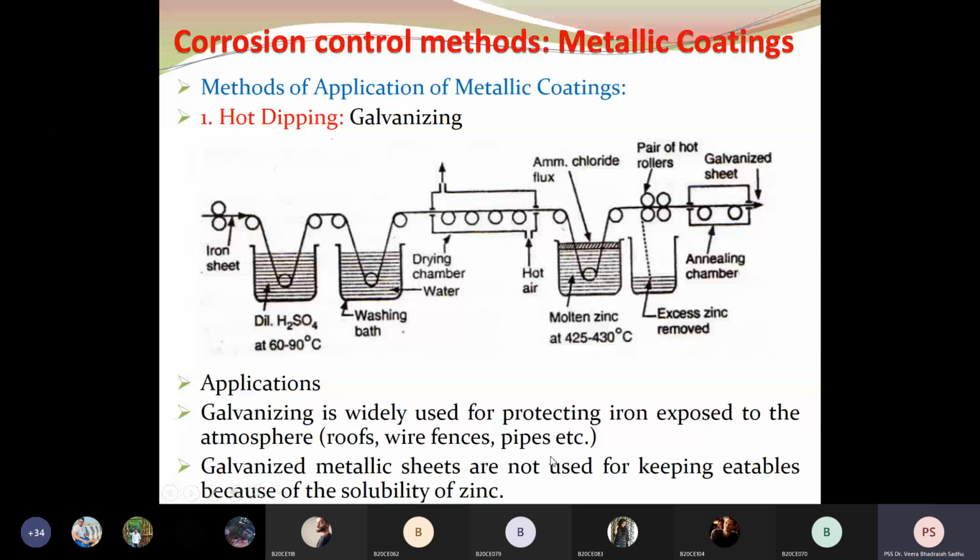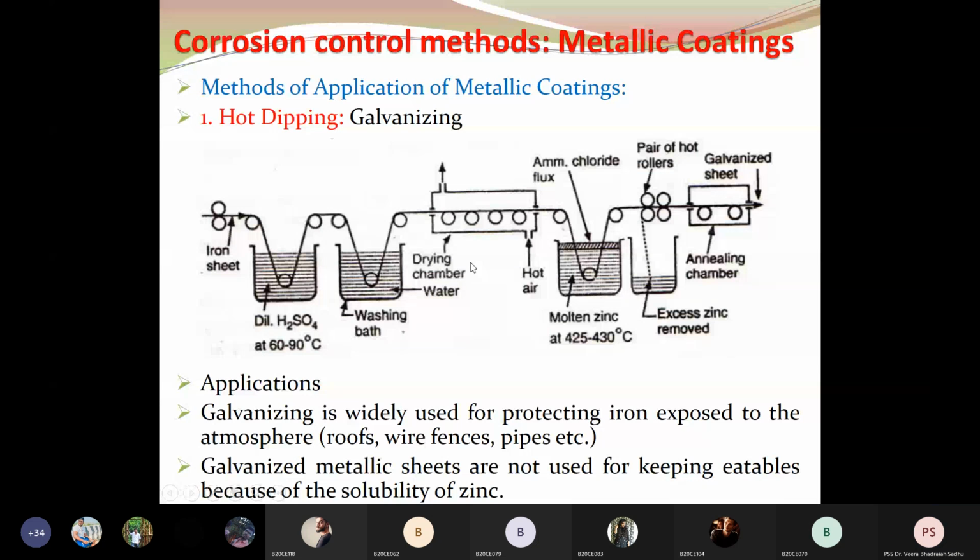These iron sheets are rolled through diluted sulfuric acid, and the washing bath could be water, and then it is dried with hot air. The surface should be very dry for coating. If it is a wet surface, you cannot coat a uniform thickness.